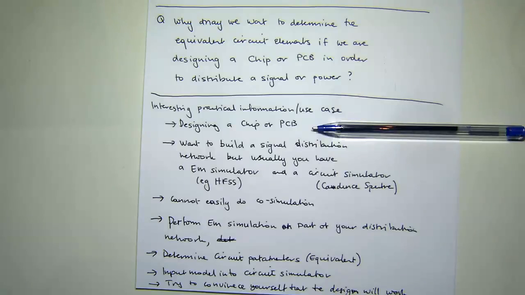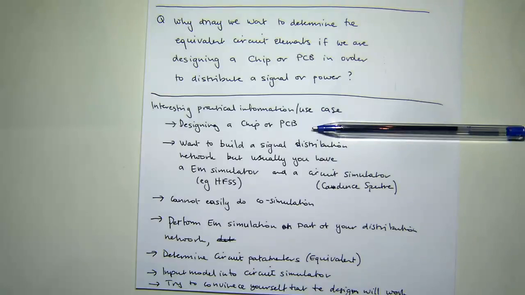I know you're all doing Cadence as part of your workshops, and at the moment that's an example of a circuit simulator. We're not giving you an electromagnetic simulator to use.